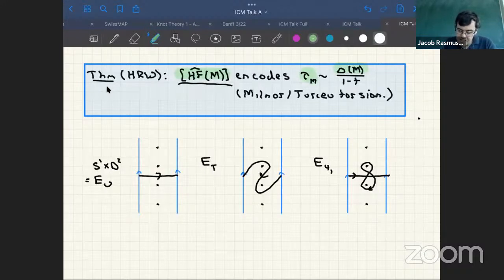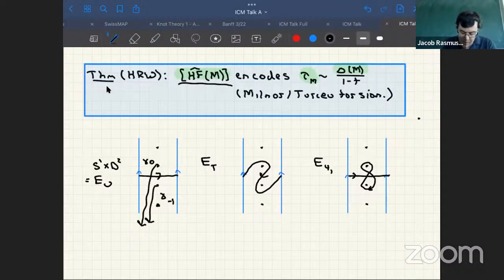Okay, and what's the sense in which this homology class encodes the Milnor torsion is, well, if I look at each of these punctures, I can draw a path from it down to negative infinity in Tm bar. Let's call that, if this is the ith puncture, this is gamma minus 1, this is gamma 0.